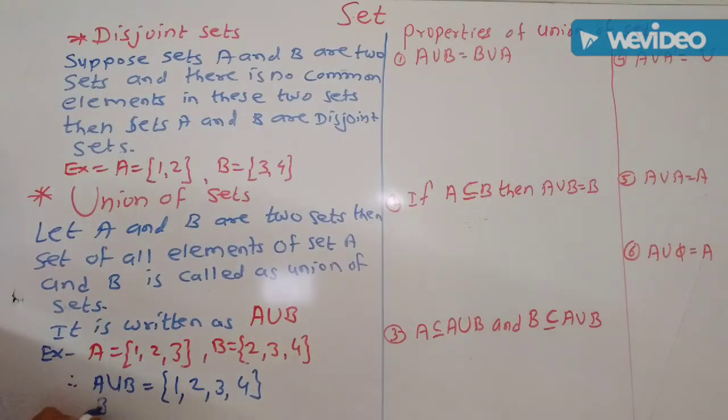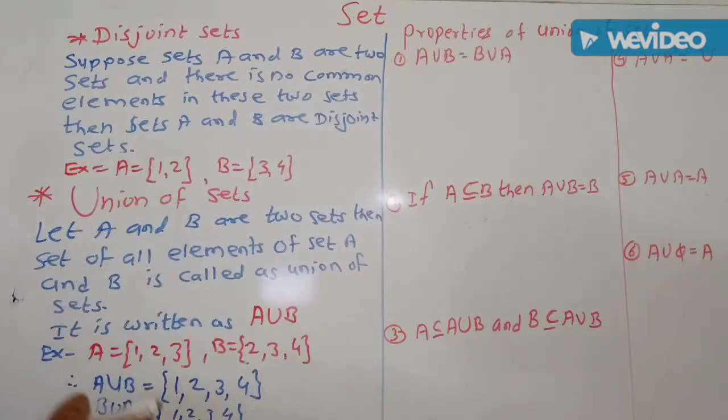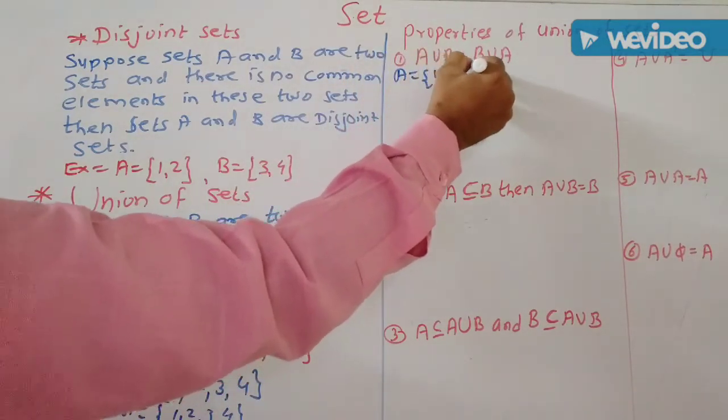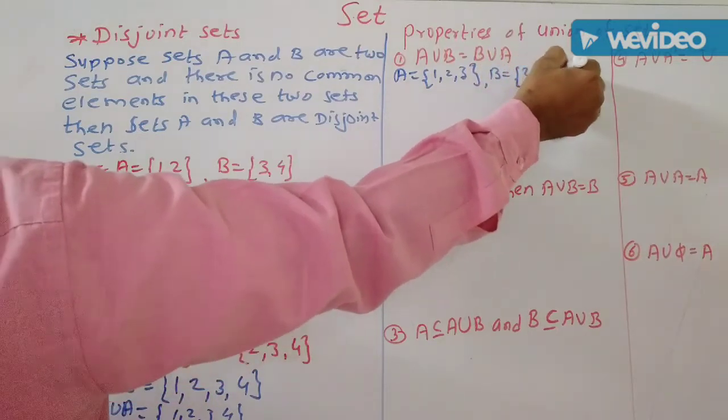Here again, suppose I take B union A, again we get 1, 2, 3, 4, the set of all the elements in both the sets. Suppose A is the set 1, 2, 3 and B is the set 2, 3, 4.